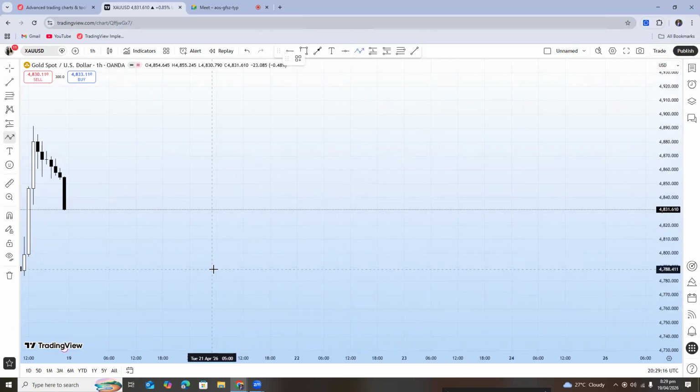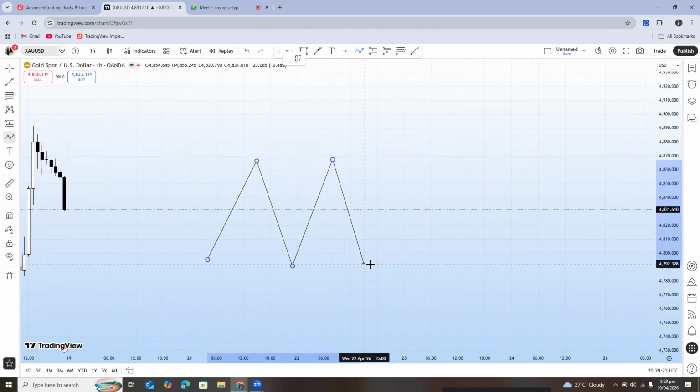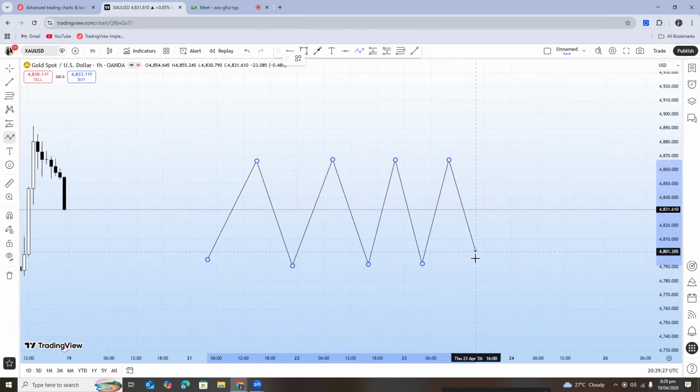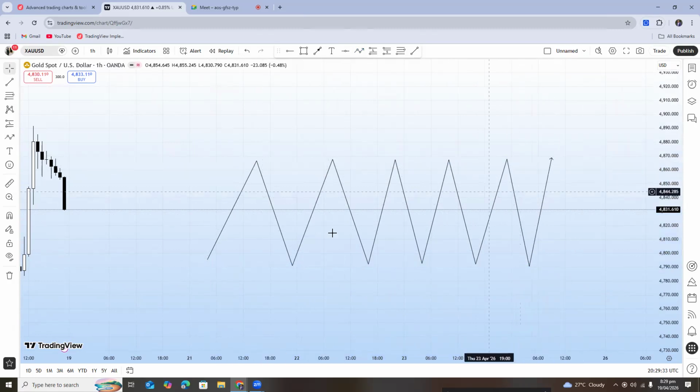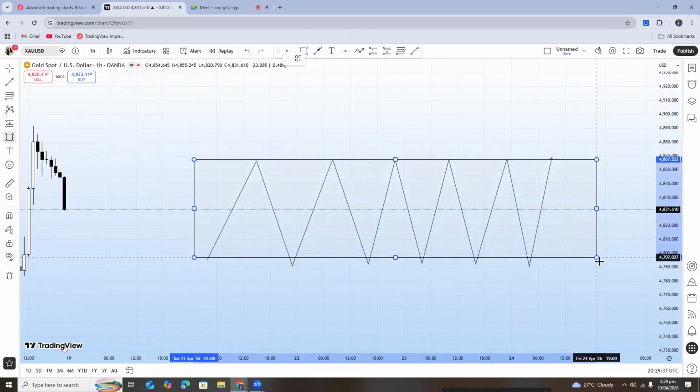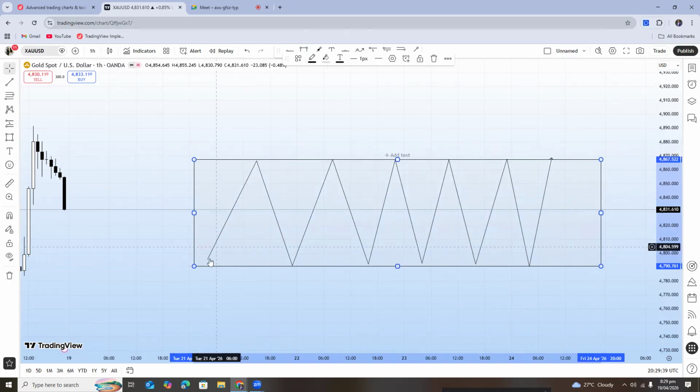So we talked about ranging markets, and this is how the ranging market looks. Okay, we see that the market is trading within a confined zone, like it's defined in a region. Now we say that a ranging market has, it looks like this. So the market is doing something like this.